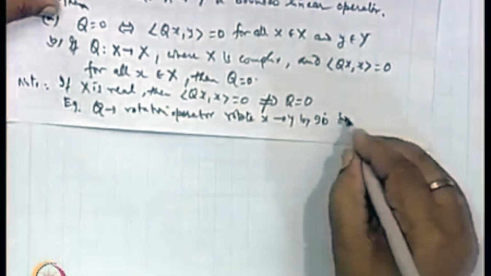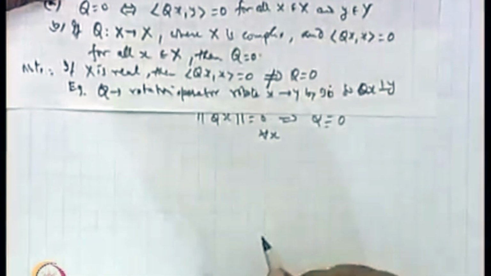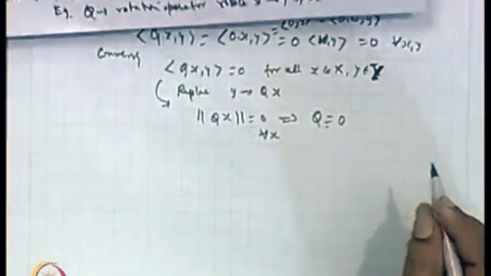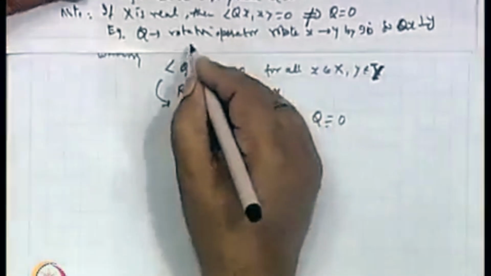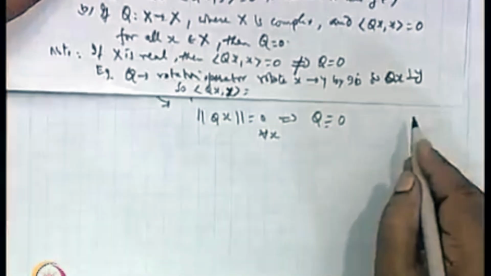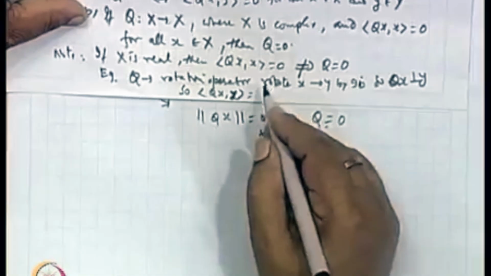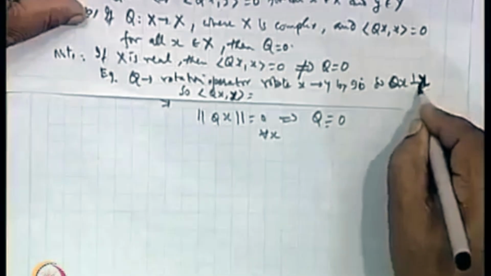So Qx is perpendicular to x. Therefore, the inner product of Qx, x will be 0.